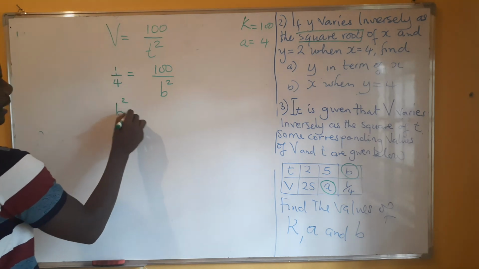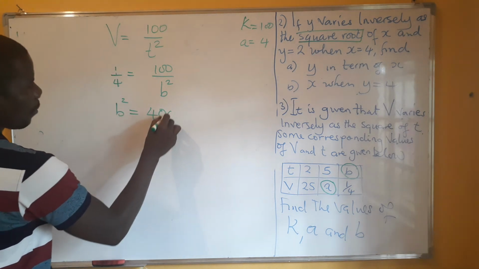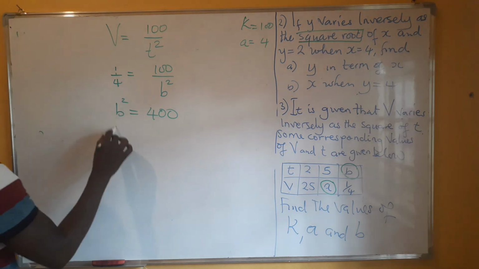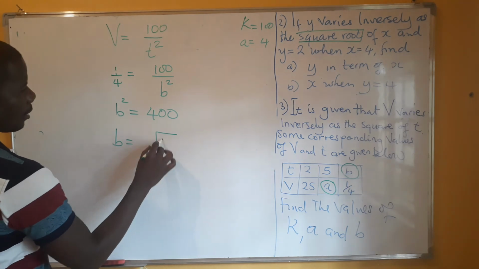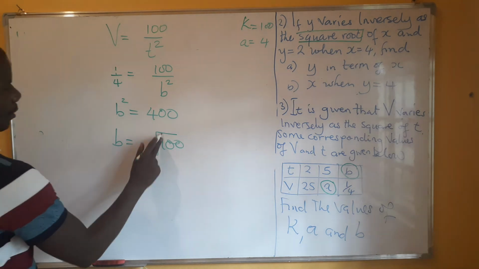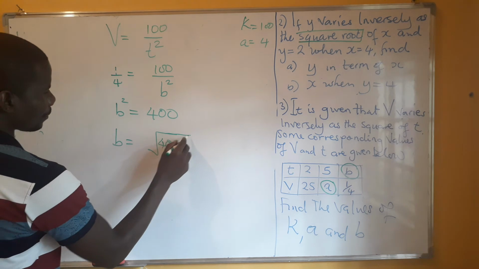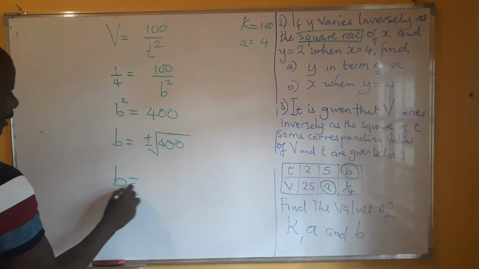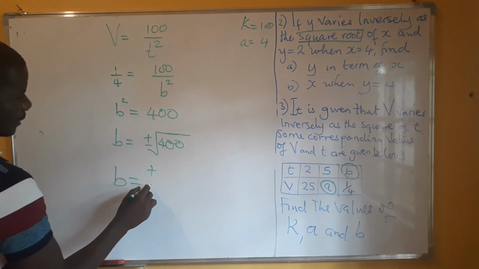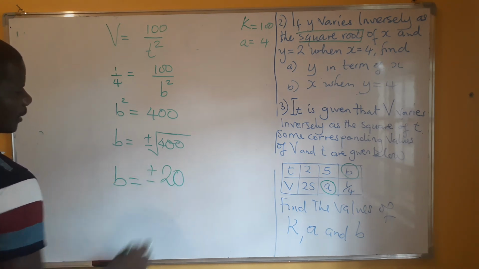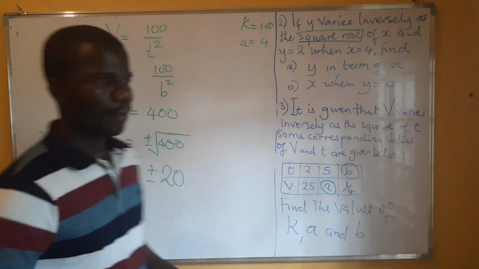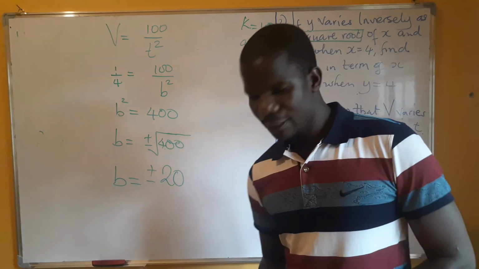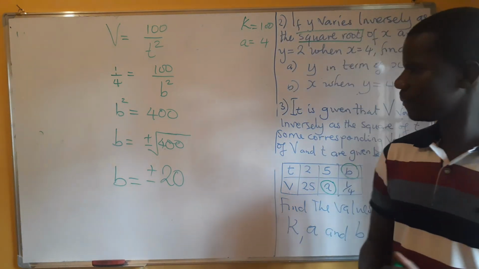So we're going to have b squared is equals to 400. Then for b, we take the root. b is equals to plus or minus 20. This is what we can talk about under variation.